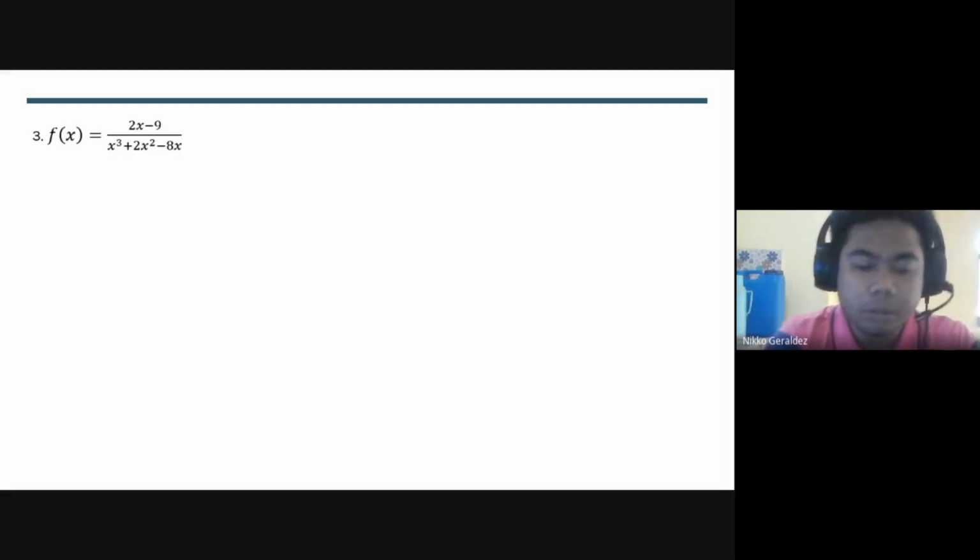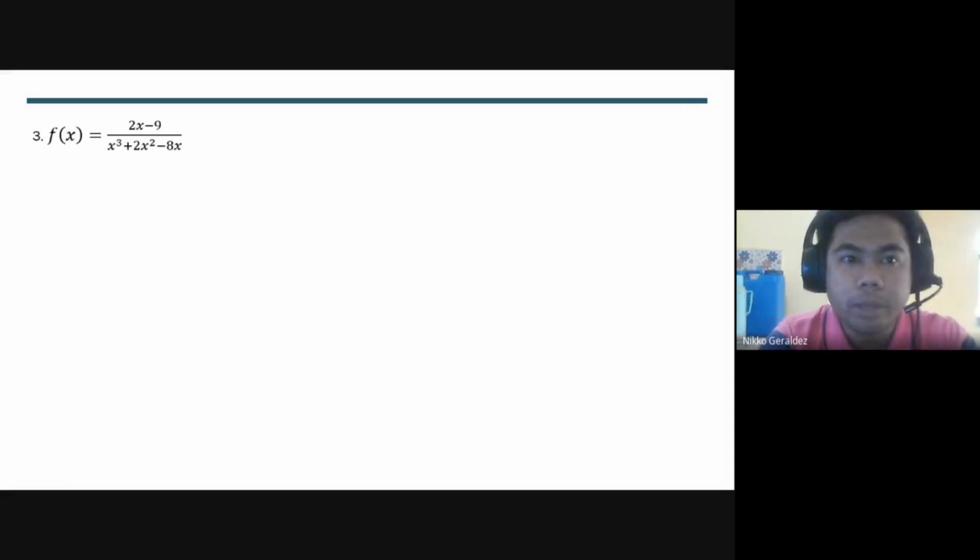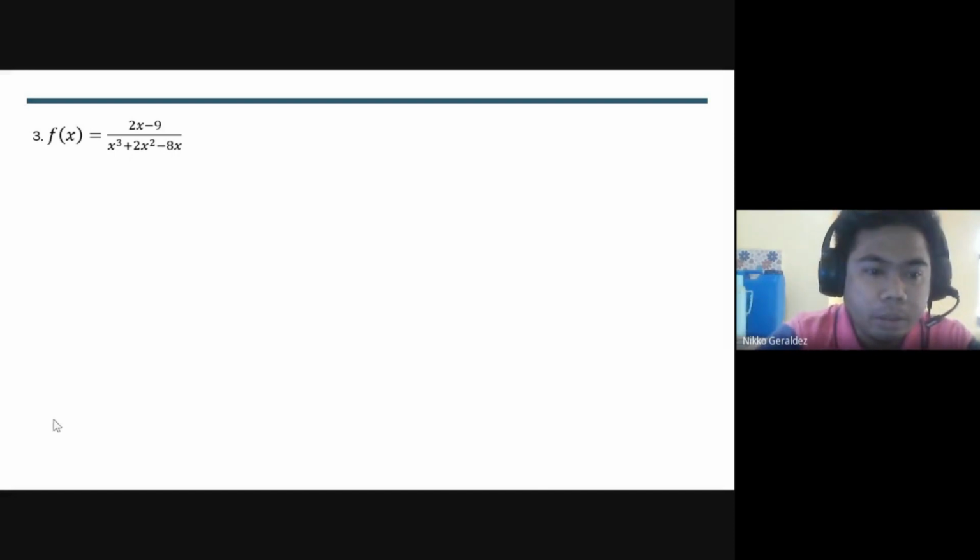No? So find the domain of the function f of x equal to 2x minus 9 over x cubed plus 2x squared minus 8x. No? So, gawin natin. So, gawa tayo equation by setting the denominator to 0.